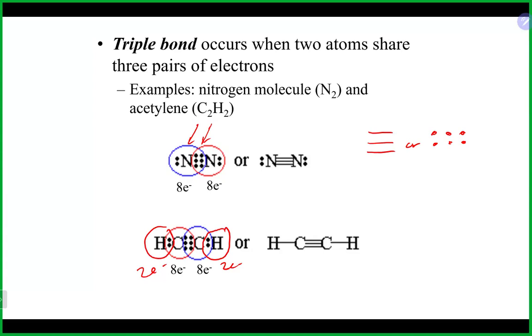Overall they would technically be distributed, but because they're moved into the center to be shared between the two, we represent them in a bonding situation. More than 2 is okay. But if you're just drawing a Lewis dot symbol by itself, say just nitrogen by itself, you typically don't go more than 2. Other questions?